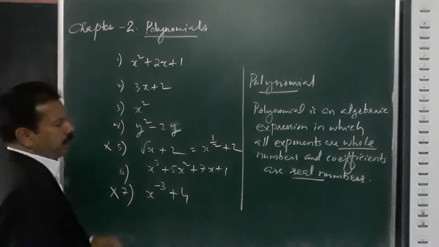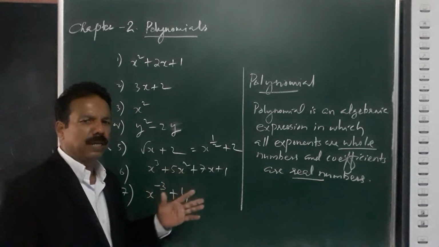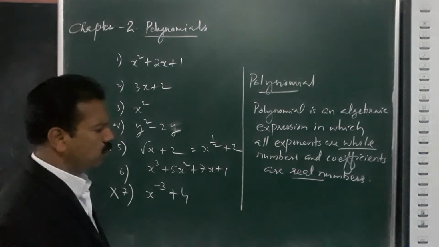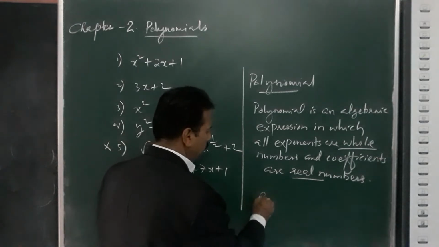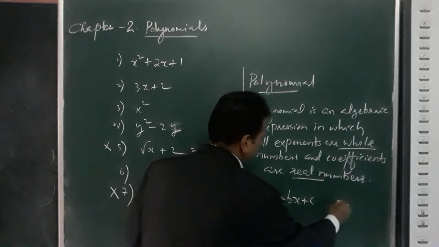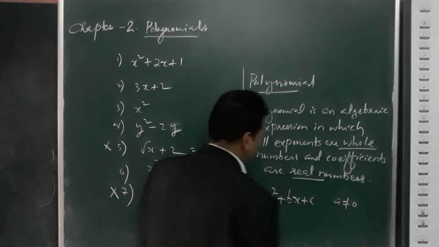And in this chapter we are mainly studying the quadratic polynomial. A quadratic polynomial is of the form ax square plus bx plus c, a not equal to 0.